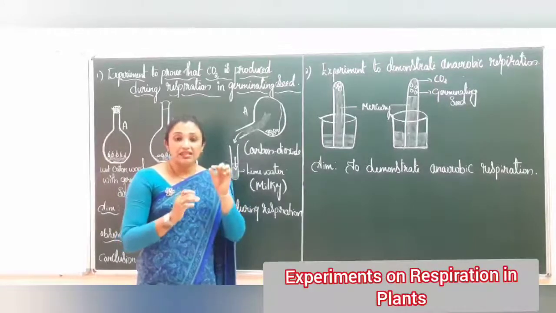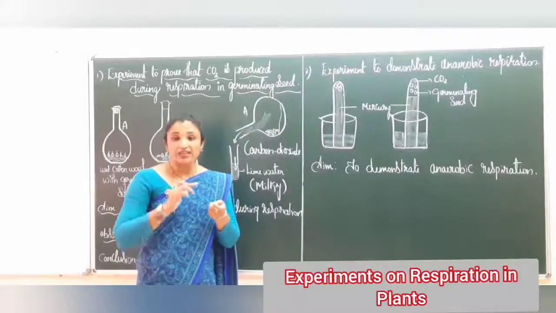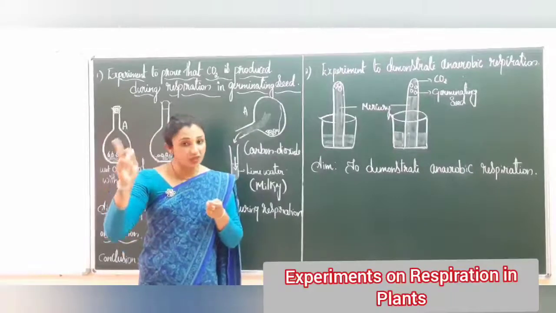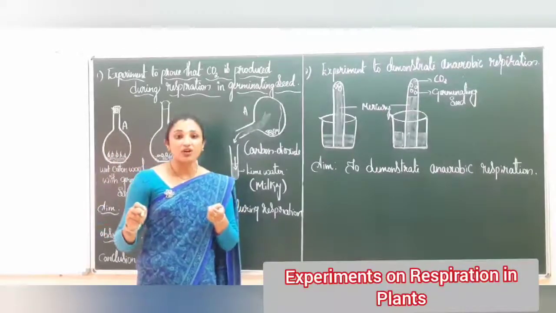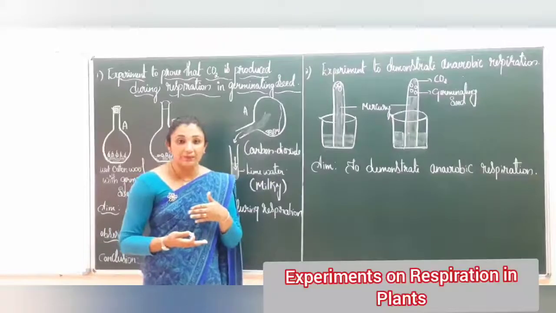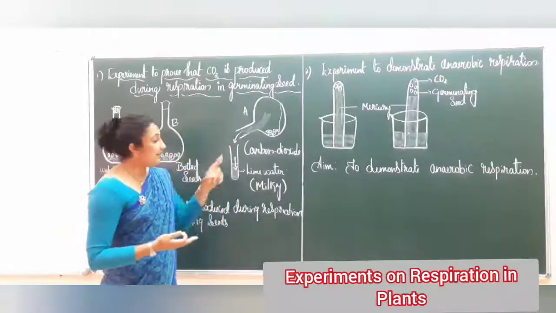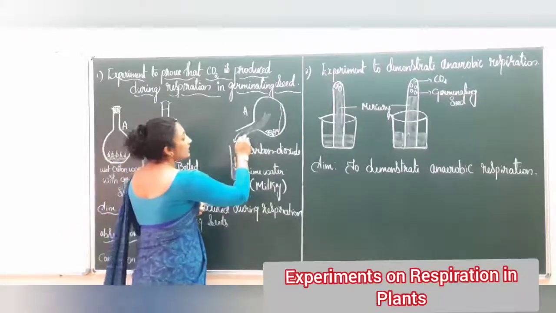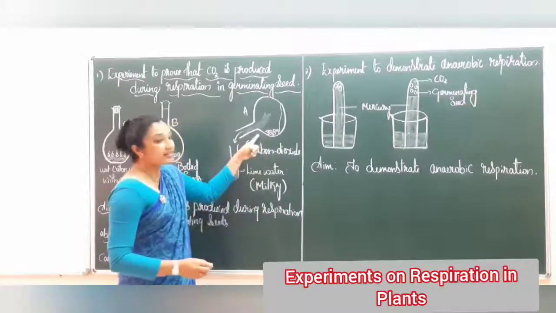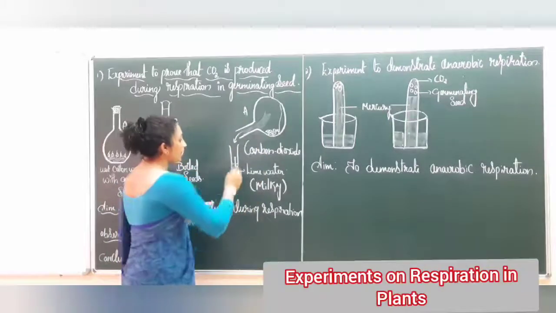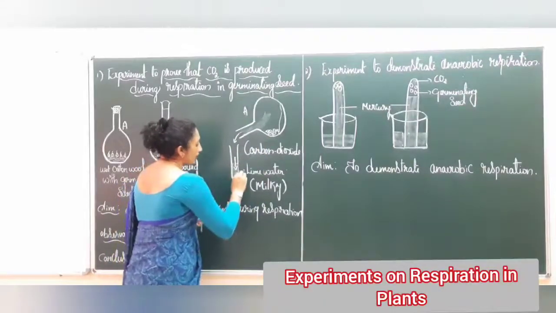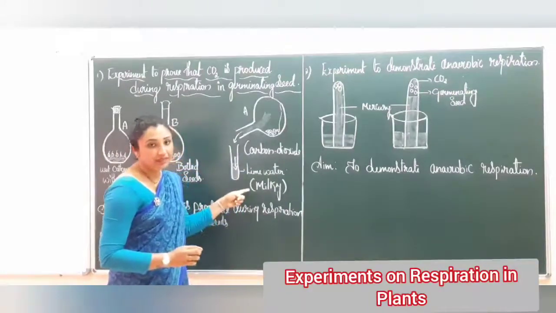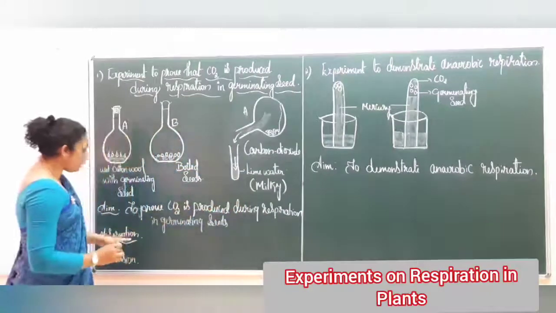This is because the lime water or the lemon juice, when it comes in contact with the atmospheric air which contains carbon dioxide, turns milky. Understand? That is the reason here: when the carbon dioxide gas produced inside the flask comes in contact with the lime water in the test tube, it turns milky. Am I clear?